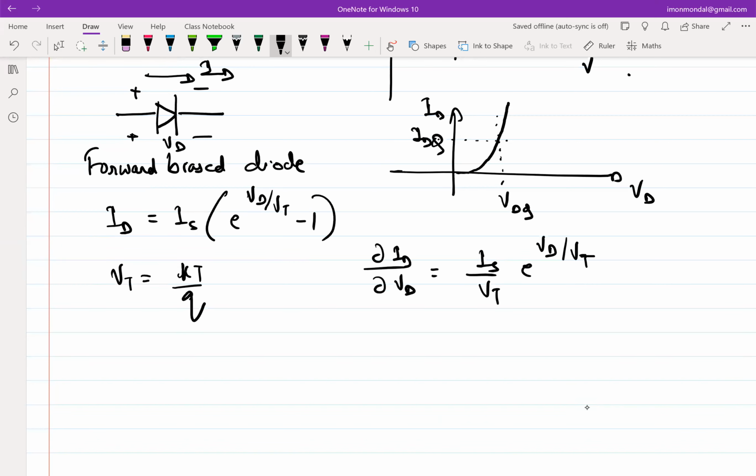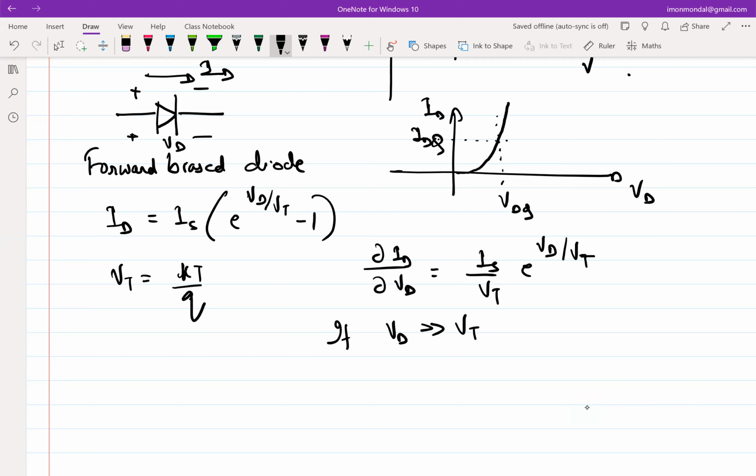And if VD is much greater than VT, which is approximately 26 millivolt. You don't even have to be much greater than, let's say, 3 or 4 times VT, for example 100 millivolt or something.